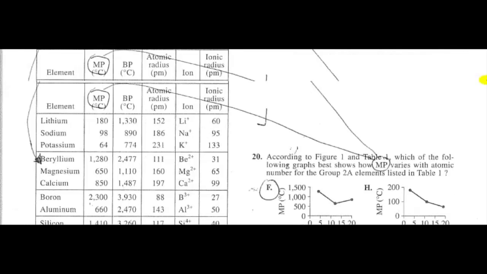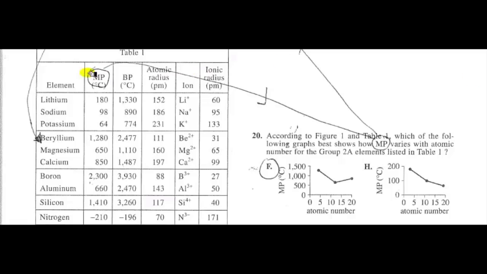In Table 1 here, we can simply take a look at the answers over here. We have the atomic radius and the ionic radius here. And let's just simply go here. We have 152, and that's large, and the ionic radius is small. We have large atomic radius here for sodium, and ionic radius is small.